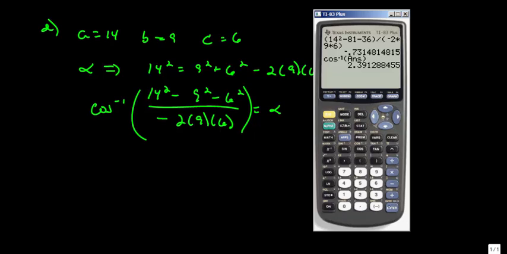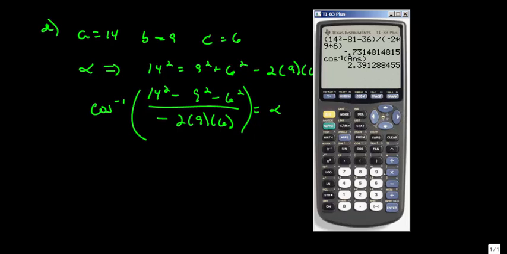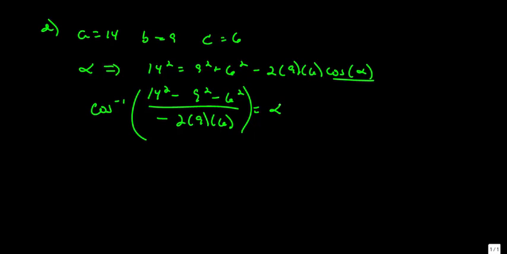Okay. Oops. I need to be in degrees. So that's the radian value. So we'll do arc cosine of negative 0.7314. So 137.